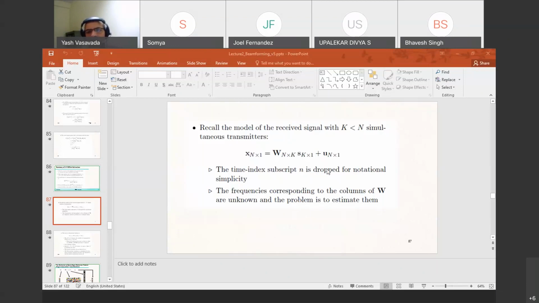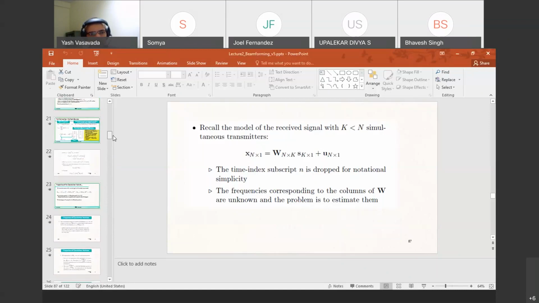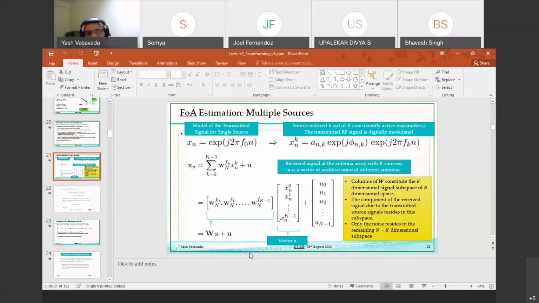Remember that we had looked at this model of received signal where there are K simultaneous sources and some N samples. We had said that this is the model of the received signal, which can be put in a vectorial form, X is equal to WS plus U. Just for your recollection, I'll go to the slide where we first formulated the mathematical expression.